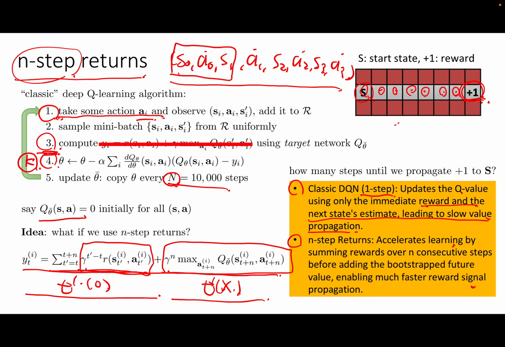That is also a variant we can make. And another one is n-step returns: instead of taking action only once, we can take actions multiple times so that we can compute the reward over a longer sequence, which can make training faster. So there are several variants of the classic DQN algorithm.